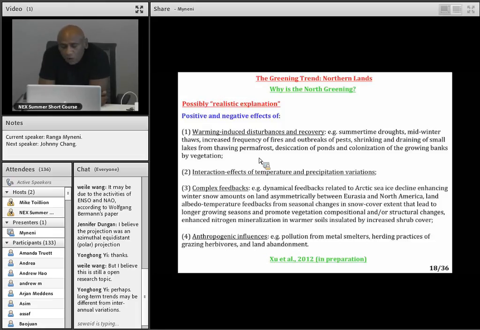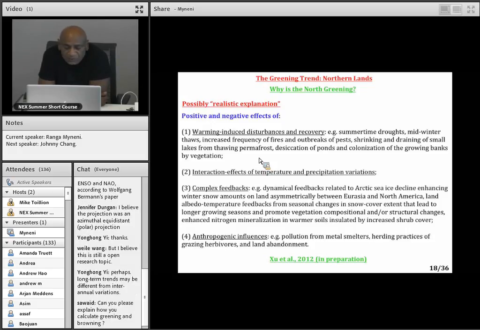And also in the springtime, the snow cover extent on land, or the lack of it actually, as you saw from Jim Tucker's presentation, tends to amplify springtime warming and early springtime plant growth. And there are also anthropogenic influences.